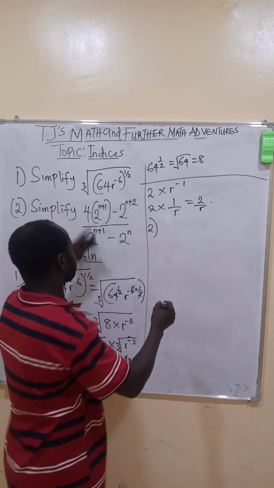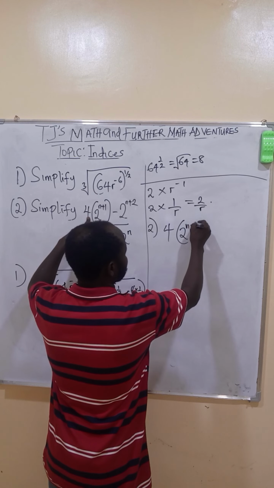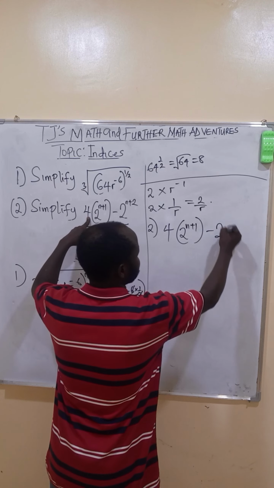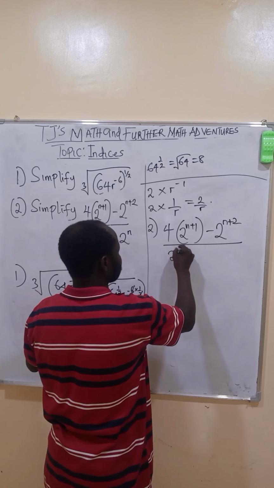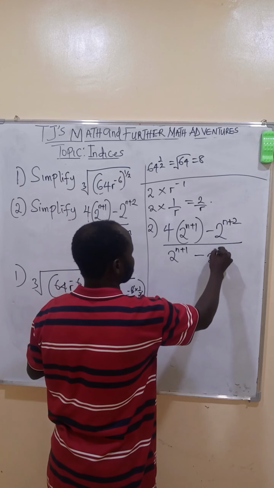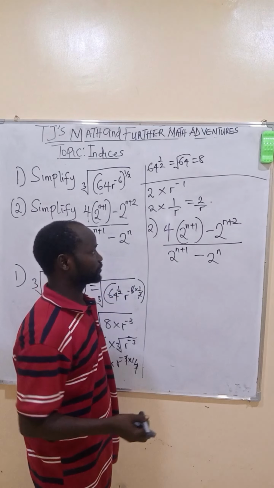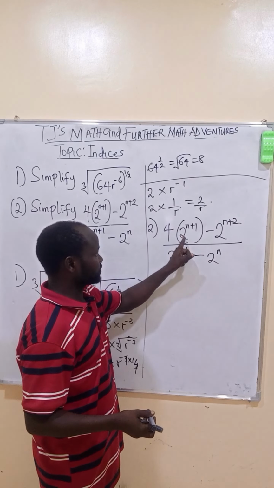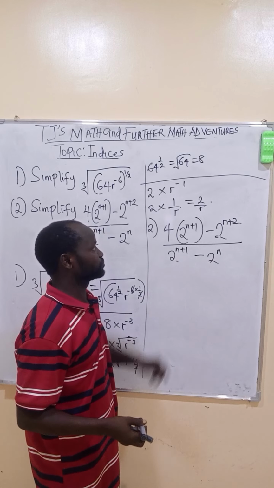Question number 2. We have 4 into 2 power n plus 1, minus 2 power n plus 2, divided by 2 power n plus 1 minus 2 power n. The first thing for you to do is to look at the expression. You check, this is base 2, this is base 2, this is base 2, this is base 2.